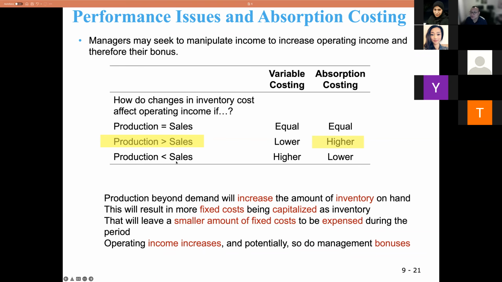Because they still want to meet the sales demand, to maximize their operating income and reach their bonus target, right? So they will not underproduce, right? Okay, so are we okay with this? Okay, good.